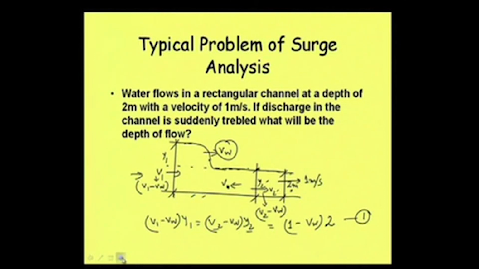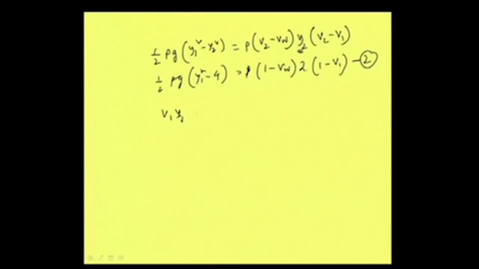So we can write v1 y1 is equal to 3 times v2 y2, which is 3 into 1, the velocity, into the depth 2, so this is equal to 6. I am just writing the numerical value, not the unit here.